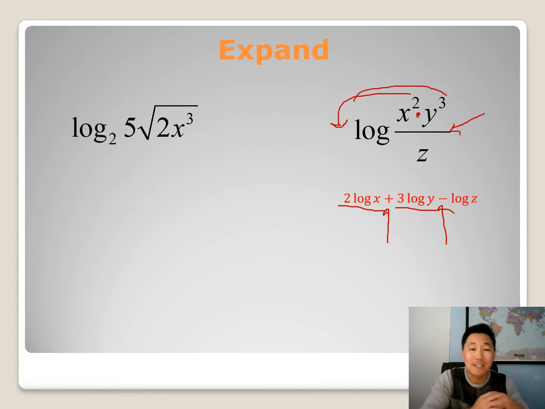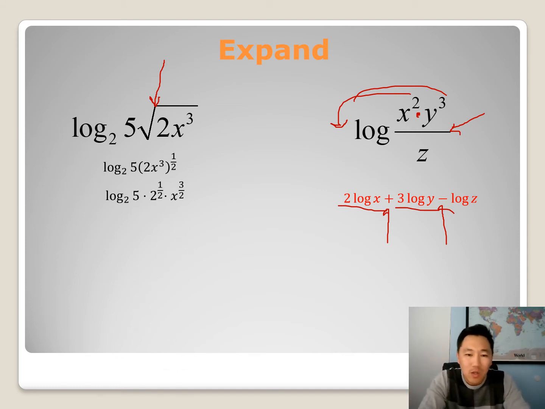Here's another one that's a little bit more complicated because it's got roots in it. Hopefully you guys remember the square root can be written as an exponent 1/2 power. So remember, the square root is the same thing as the 1/2 power. Now that we have that, we can actually do a lot of stuff with it.